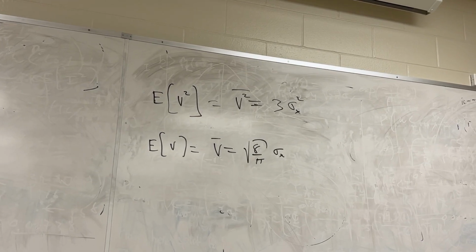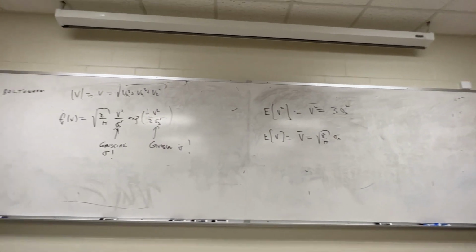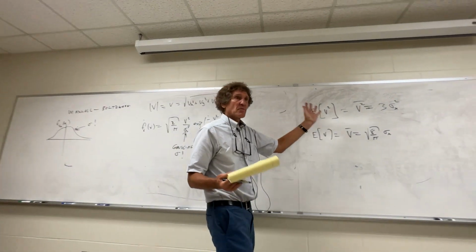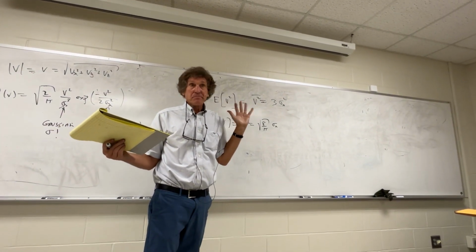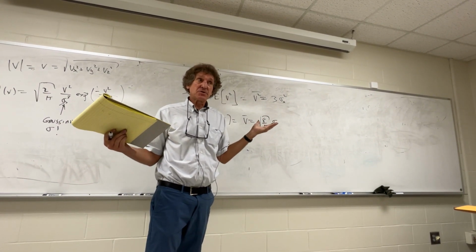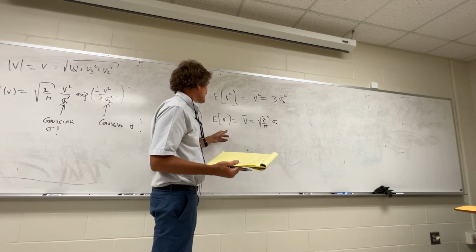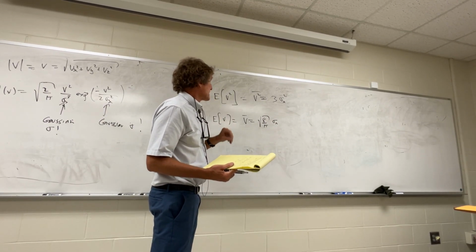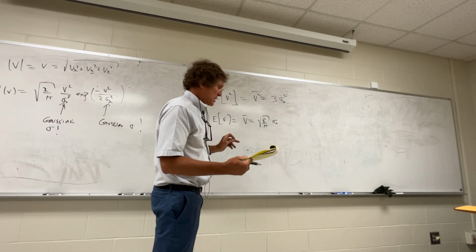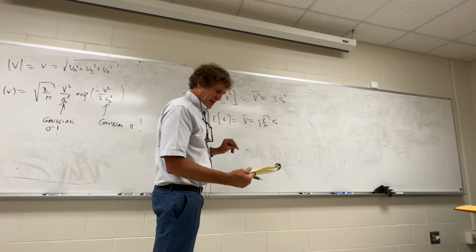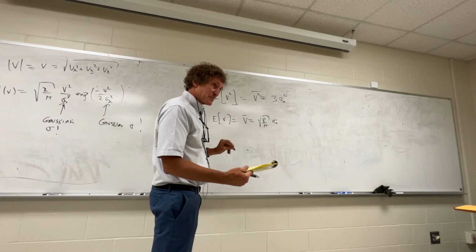A lot of times they'll do it in terms of that instead of putting it in terms of the square root of 8 over pi or something. I don't know why they choose these things. But this is the mean value, and that's the actual second moment. And what page is that on, by the way? This is on 83 now.